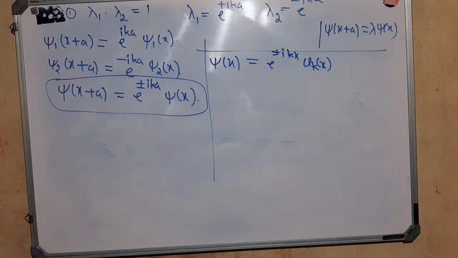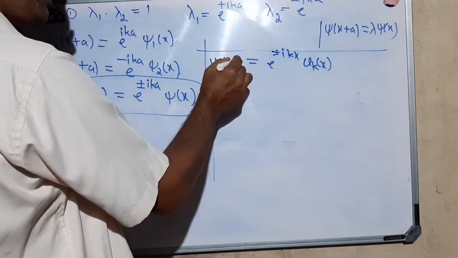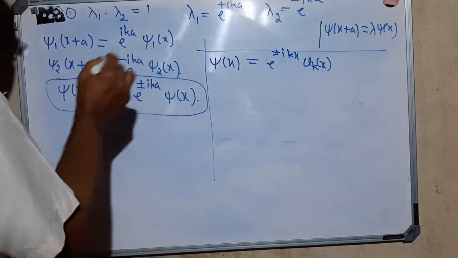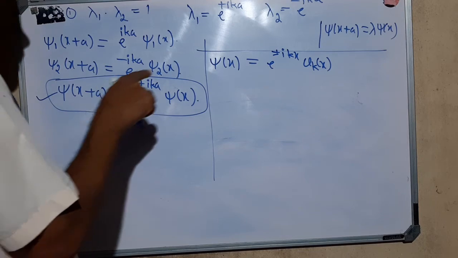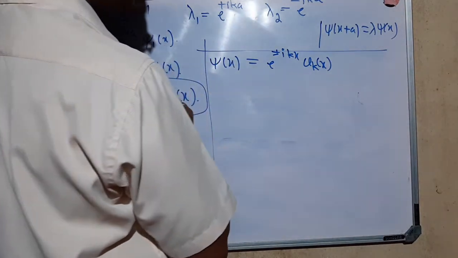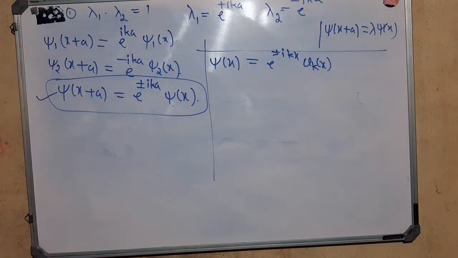That means, let us prove now this equation is correct. How can we prove this equation is true? Because by solving the Schrodinger equation we have obtained this solution. Let us see, using this relation, can we obtain the same solution? That one we have to see.